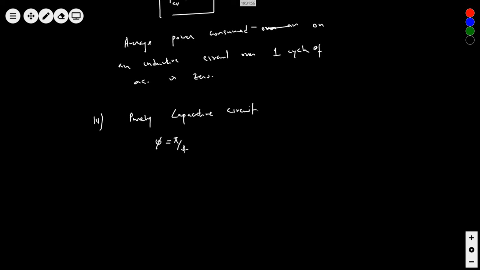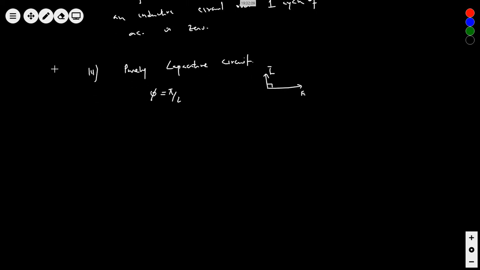Phi equals pi by 2, as current leads the voltage. So here was our current, here is our voltage. Current is leading, the ICE man. So in this case also, average power would be ERMS IRMS cos of pi by 2, which is 0.